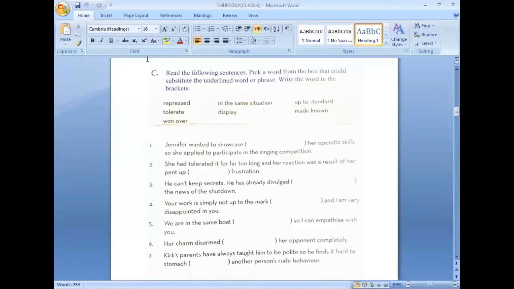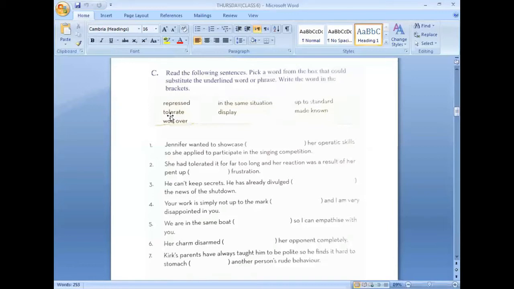So repressed. Repressed means unable to suppress the emotions, unable to hold your emotions. In the same situation means in the same problems, in the same circumstances. Then up to the standard means good enough, up to the mark. Tolerate means to put up, to bear, to allow someone something.